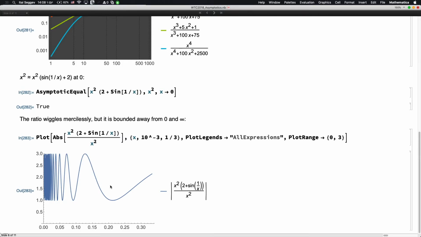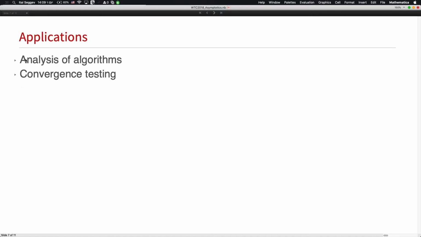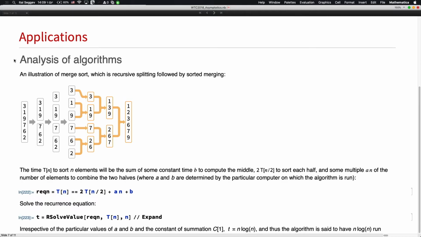Now, here's a more interesting case. So x squared is asymptotically equal to x squared times sine of 1 over x plus 2 at 0. That is true. And if we look at the plot of their ratios, it wiggles mercilessly as we get closer and closer to 0. That's okay, because it's bounded away from 0 and it's bounded away from infinity, right?